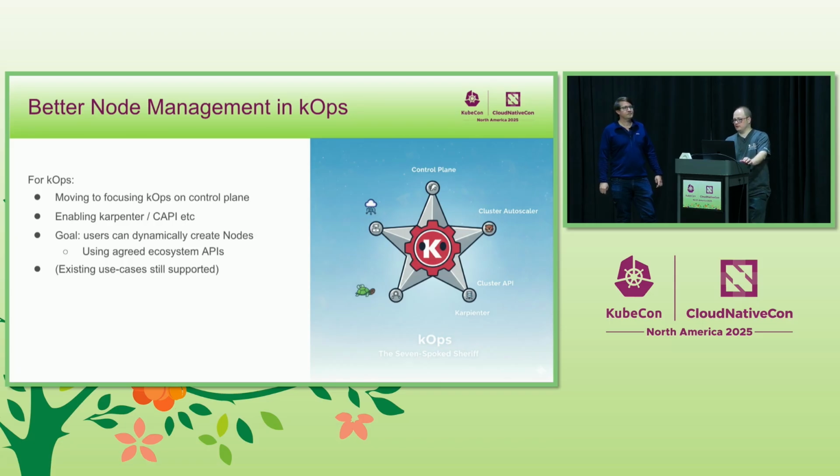So, sure, with a layer from kOps, but mostly use these tools to drive the user needs. Users should be able to dynamically create nodes and groups of nodes as they please from inside the cluster using the agreed ecosystem. Existing kOps use cases will still be supported, so we're not going away from traditional instance groups.